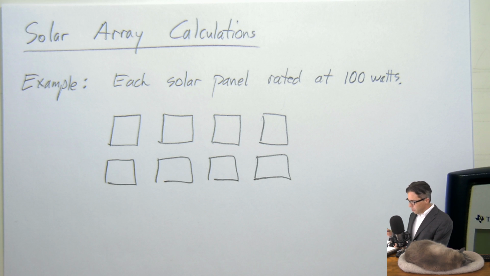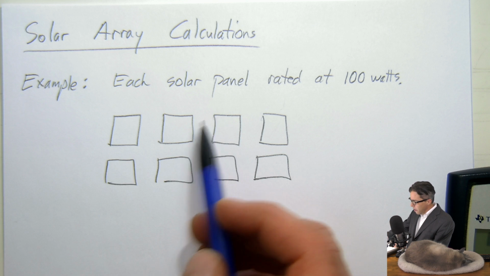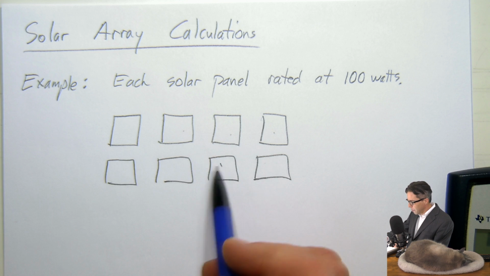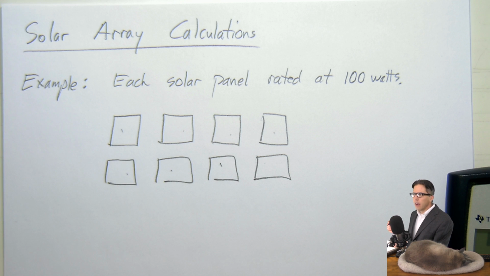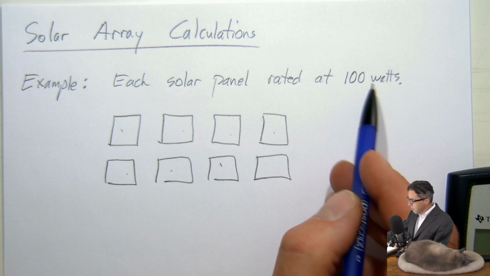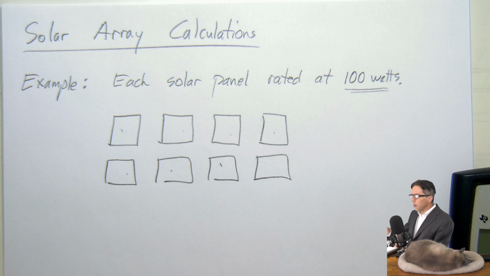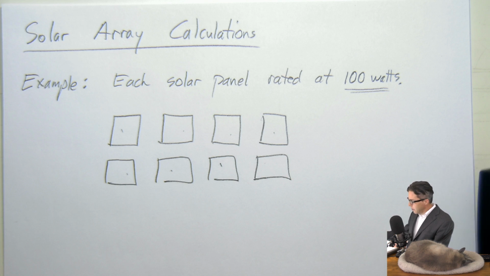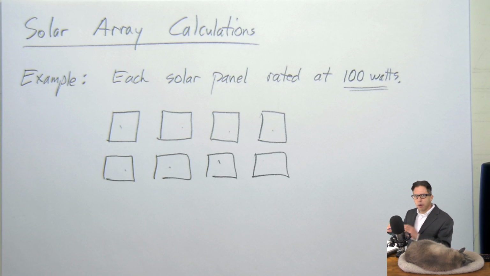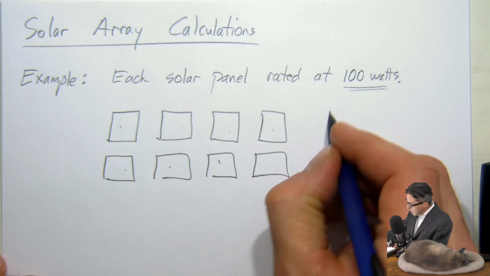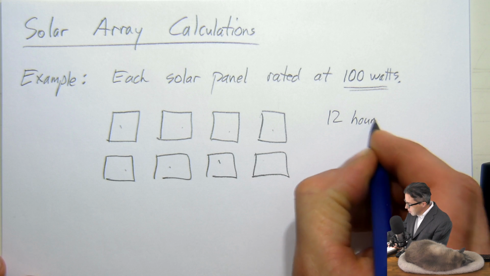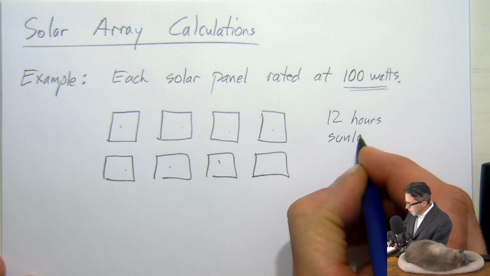Okay, so there are some calculations that we can do with solar. Let's say I've got some solar panels on my roof. Let's say I just have 8 panels, and each one is rated at 100 watts. When you buy a solar panel, they're rated in their power, in wattage. And let's say that the way my house is situated, I get, say, 12 hours of sunlight a day.